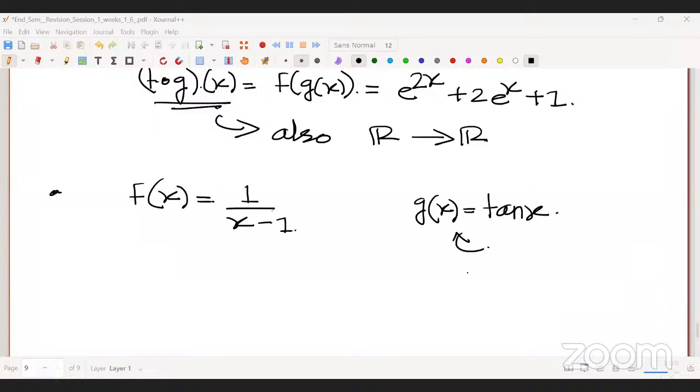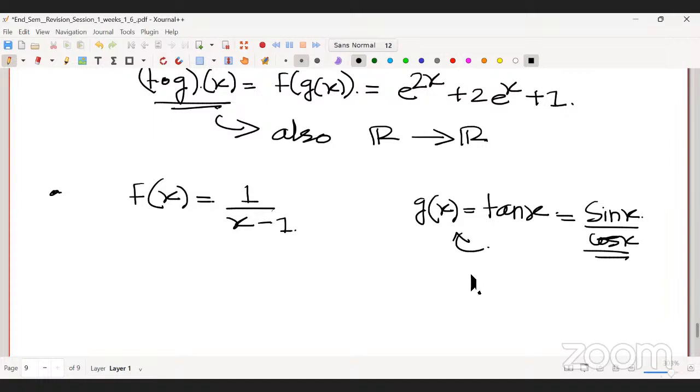Okay, so this is precisely sin x by cos x, right? Yes. So this is not defined at all these points where cos x is 0, right? Yes. So where is cos x 0? At pi by 2 and... Sorry?